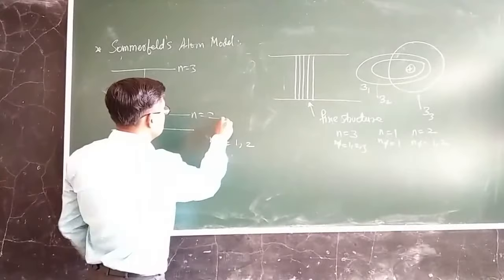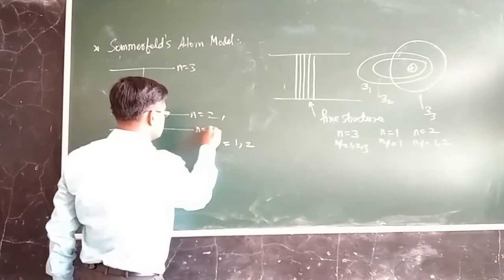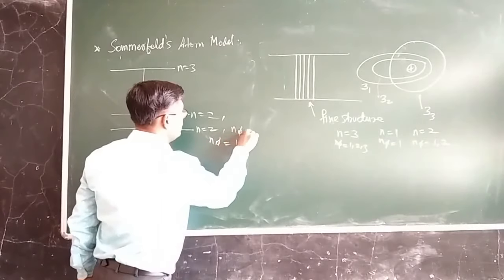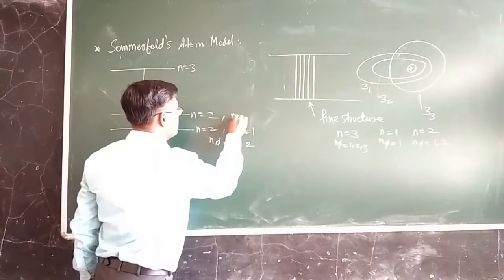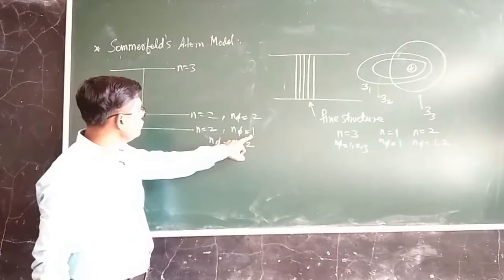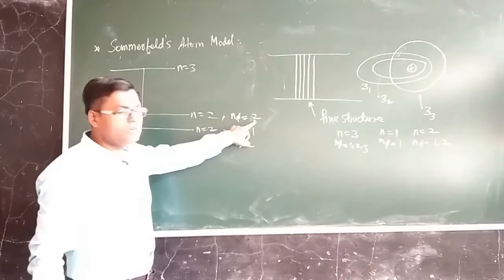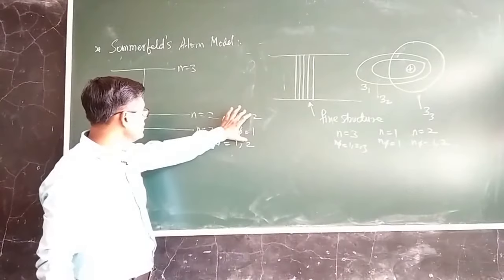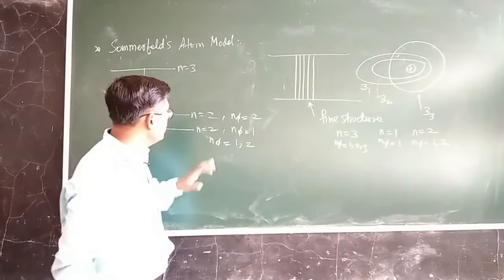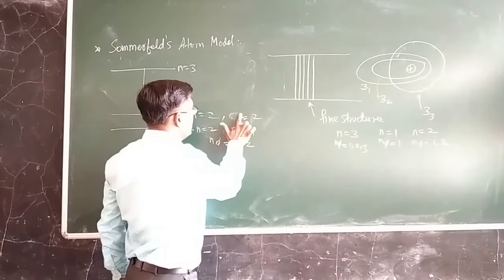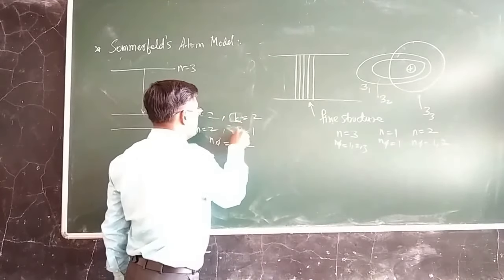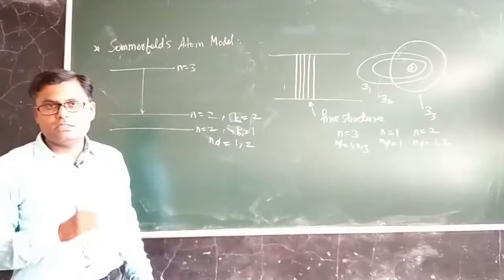So how can we represent them? n equal to 2, n phi equal to 1, and n equal to 2, n phi equal to 2. These are the representations of these 2 energy levels. Now I will replace this n phi by another letter, small k, because normally this letter is used.